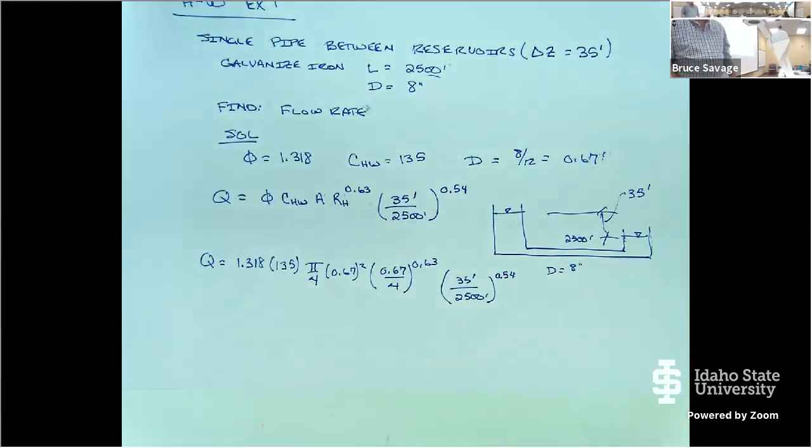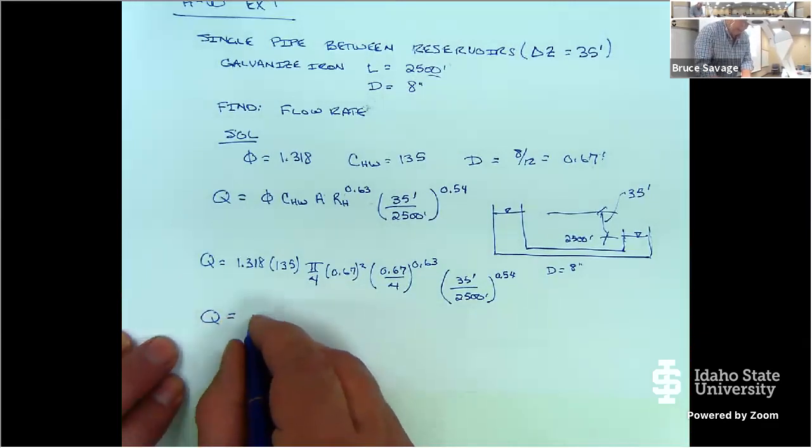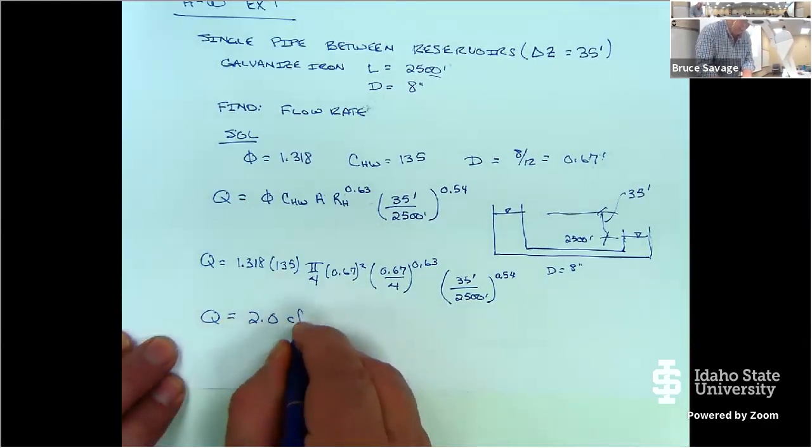There we have our equation, and all we have to do is crank it out. We get Q is equal to, and this comes out really nice, 2 cubic feet per second.